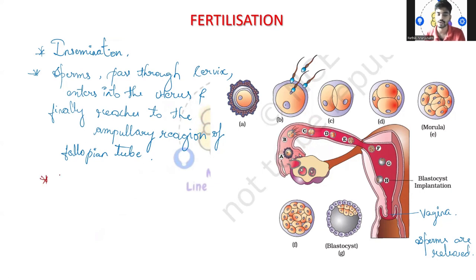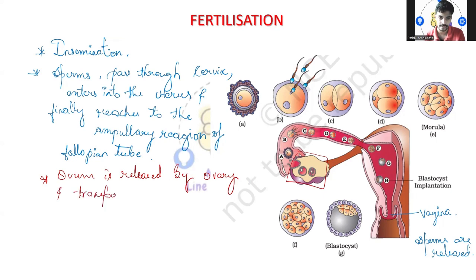The ovum is also released by the ovary, then transported to the ampullary region of the fallopian tube.